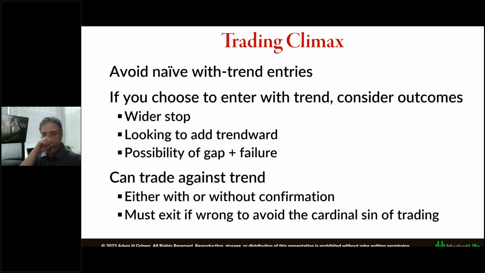Now, what do you do to trade Climax? The most important thing you can do, and good news is the easiest thing you can do here, is just don't buy stupid with trend entries. Don't buy extended.